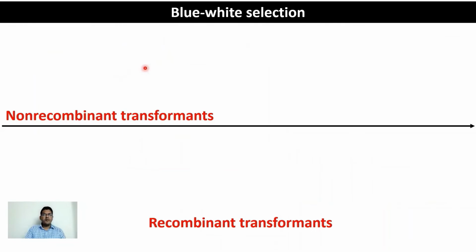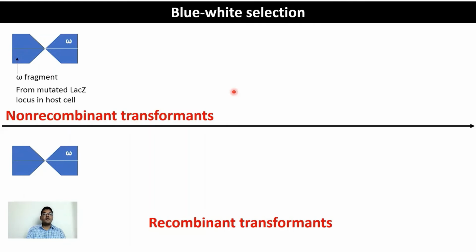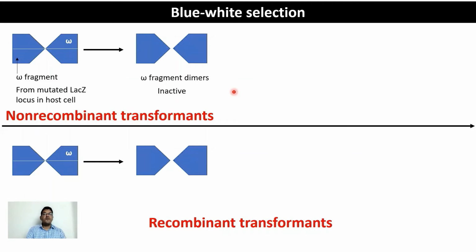Let's look at how blue-white selection allows you to discriminate between non-recombinant transformants versus recombinant transformants. So here is what is happening. The host cell is mutated, and therefore it cannot synthesize the alpha fragment of beta-galactosidase. It can only synthesize the omega fragment. And the problem is that the omega fragment cannot itself polymerize and give you a functional beta-galactosidase. So therefore, what we need for the polymerization of omega fragments is the alpha fragment.